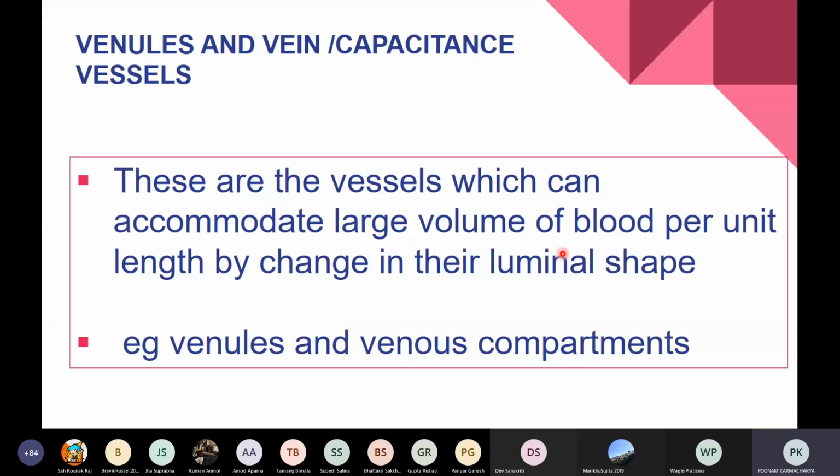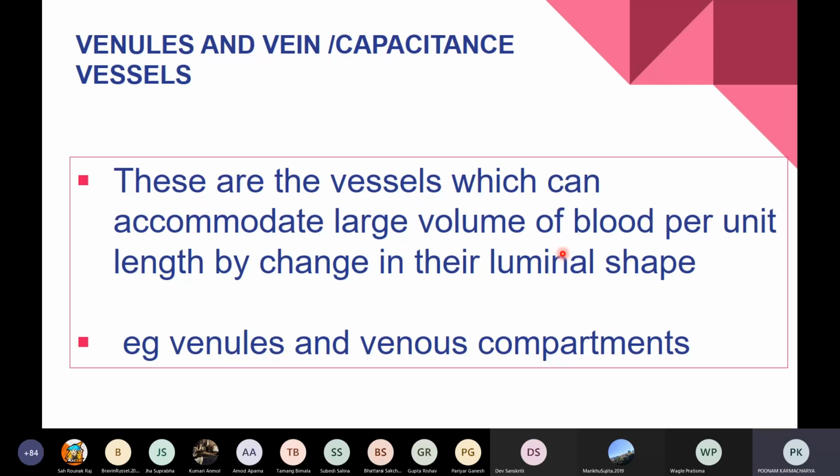So you have to always remember that whenever we talk about Windkessel vessels, we are talking about the aorta and the pulmonary artery. And you know what Windkessel is? It is the elastic property which causes distension and recoil of the vessel, right?